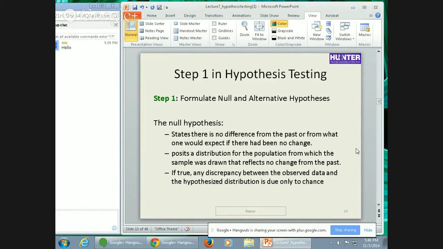And if it's true, then any discrepancy you see in your sample mean from that null value or in your test statistic is just due to sampling variation. Nothing else. So there's no systematic difference. It's just sampling variation.